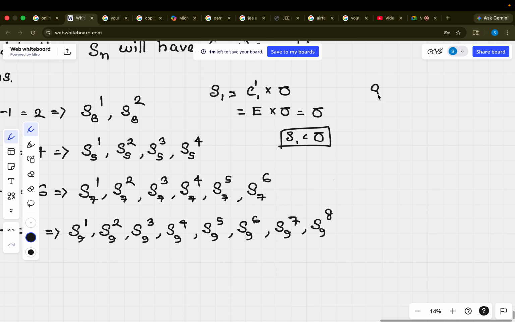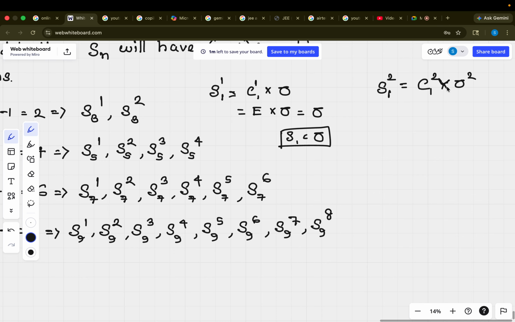Similarly, you can find out for S2. Suppose this is your S1 to the power 1. If I write S1 square, that means C1 square into sigma square.